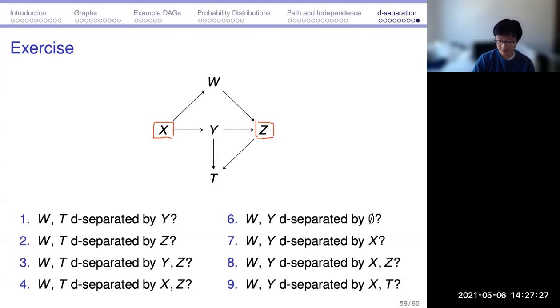Again, there is a path that we have seen that when you're only conditioning on Z, it's not blocked because Z is a collider. We're also conditioning on X, but X has nothing to do with this particular path. And therefore, the answer to the fourth question is no. Any questions so far?